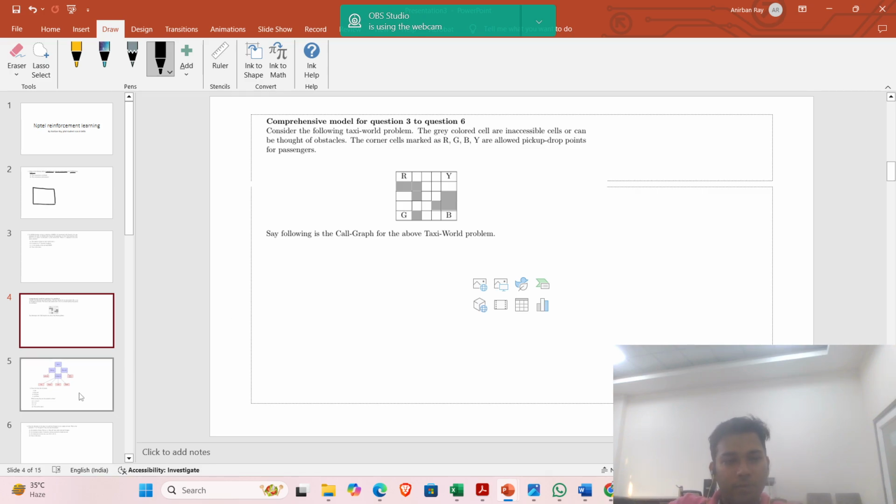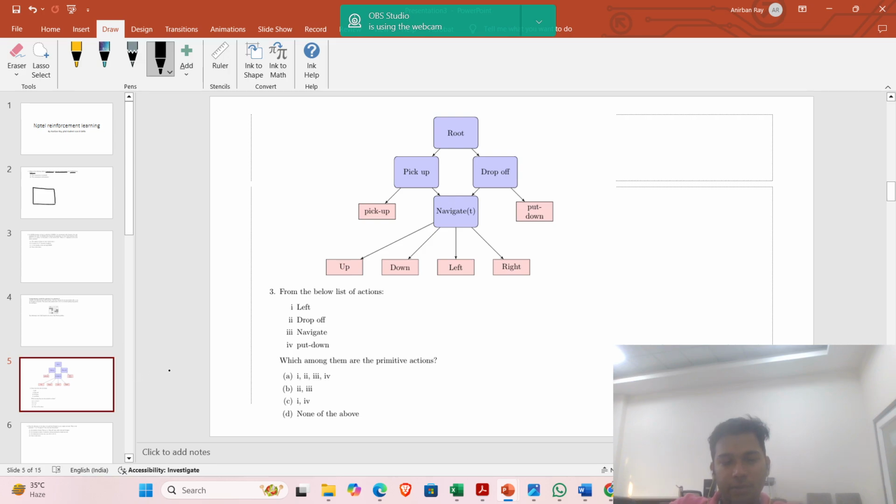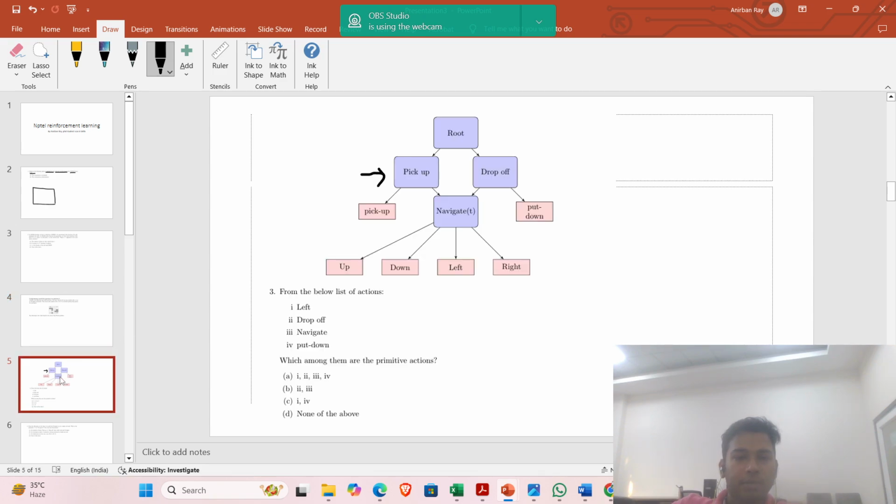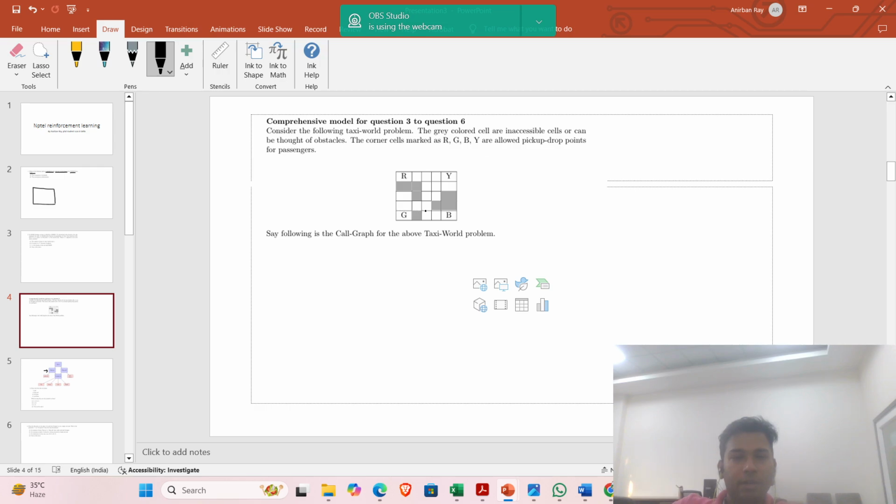So this is the problem statement we have, and this is the graph structure which represents what actions it can take. Picking up can entail different actions to achieve that. Whenever it gets the information that it needs to pick up at location, suppose R, then it is at some block, and you need to move right, then top, then left, and then pick up.